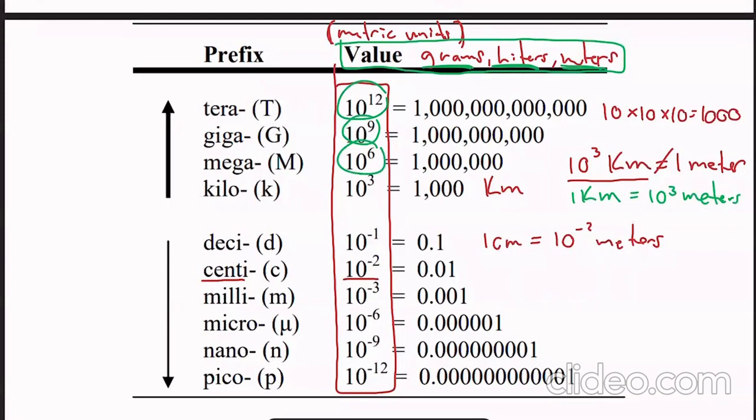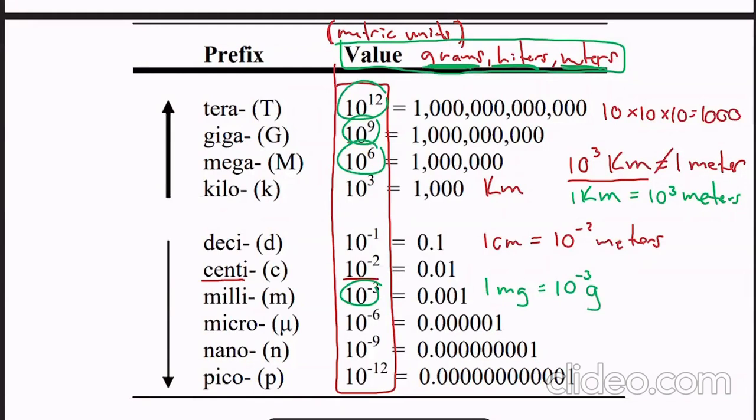If I want to know how many grams are in 1 milligram, well, here's 1 milligram. I know milli is 10 to the minus 3, and this represents the number of grams. 10 to the minus 3 grams.